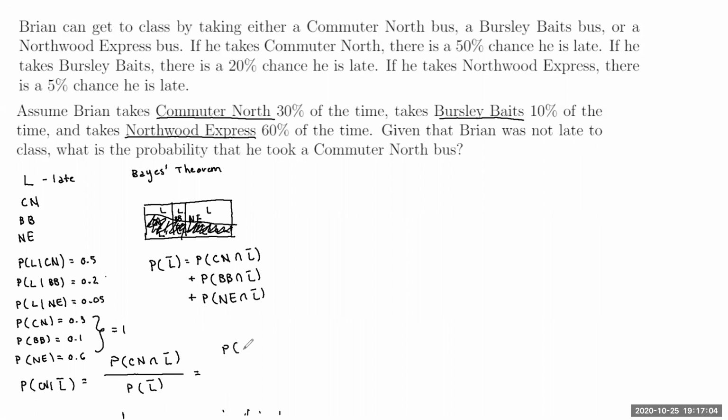So we have the probability of Commuter North and not being late, divided by, we take the P of L complement and we plug in this whole chunk. So P of Cn and L complement, plus P of BB and L complement, plus P of NE and L complement.